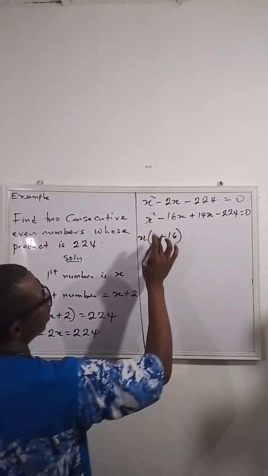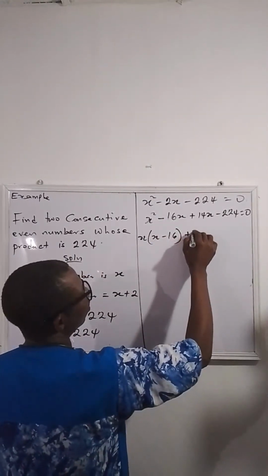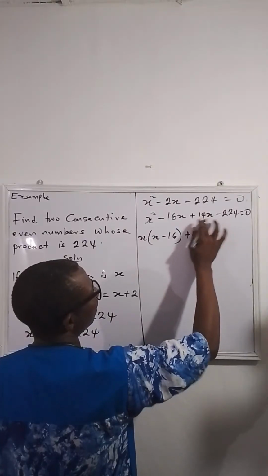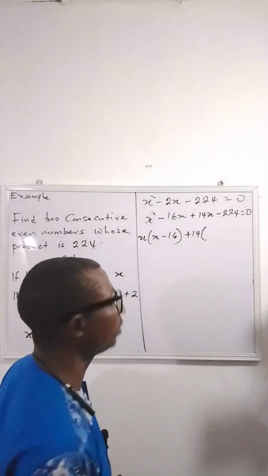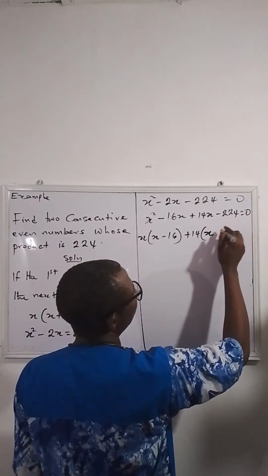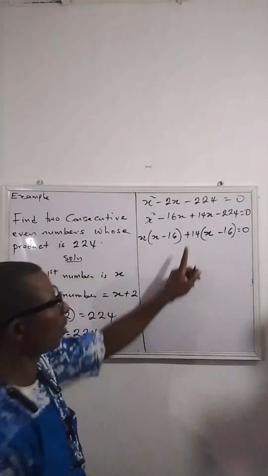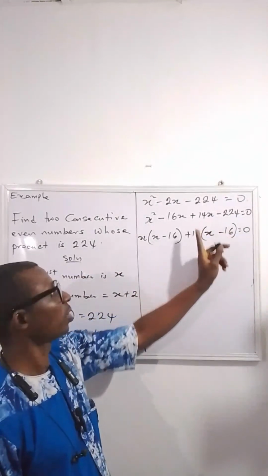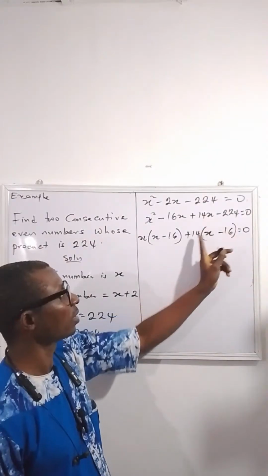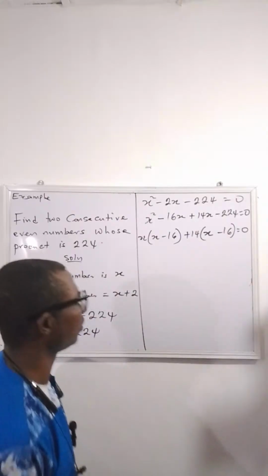When you divide this by x, you have this. So what is common here? Plus 14. When you divide this by 14, you have x, and divide this by 14, you have minus 16 equals 0. You see, when you open the bracket, you have these two terms. 14 times x, you have 14x. 14 times minus 16, you have minus 224.